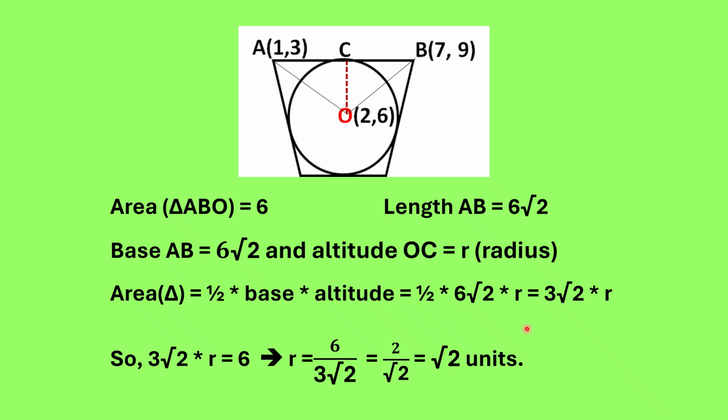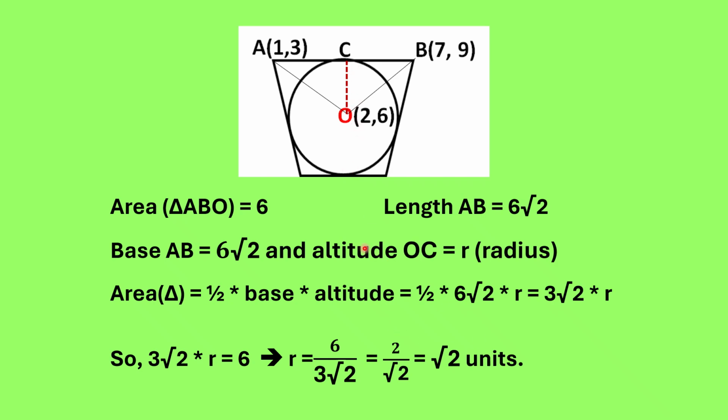So we can equate these two. 3 root 2 into R is 6, or R will be equal to 6 divided by 3 root 2. 3 and 6 will cancel, giving you 2 by root 2. 2 can be written as root 2 into root 2, so root 2 into root 2 divided by root 2 will be root 2. So root 2 is the required radius. The length of OC, the required radius, is root 2 units.